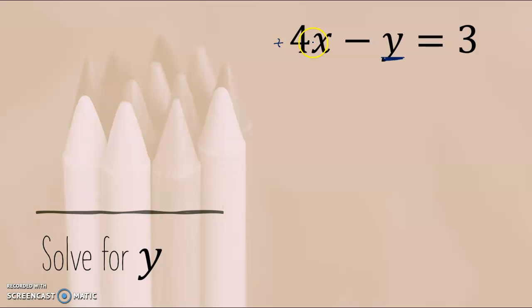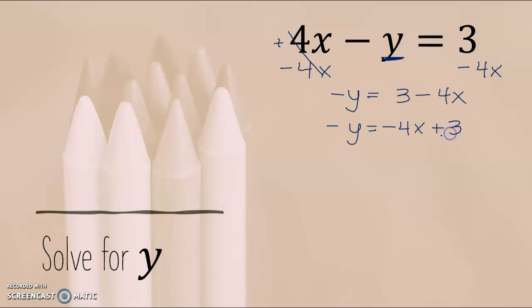The 4x has been added, so we need to subtract the 4x from both sides, because 4x minus 4x is 0, which leaves us with negative y equals 3 minus 4x, which we can also write as negative 4x plus 3 if we want it to really be in that slope-intercept form that we're used to seeing.